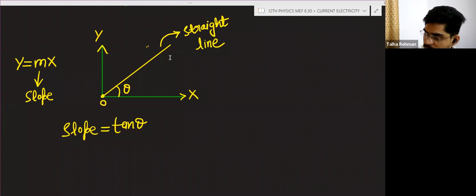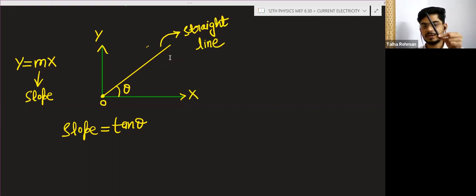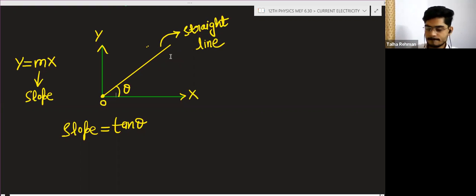Slope is equal to tan theta. Slope of a line, like you can see here. Here is a pen. And what is the meaning of slope? Please understand this.